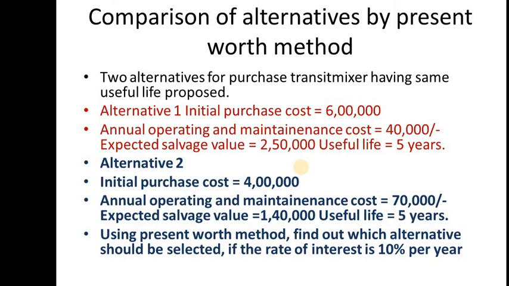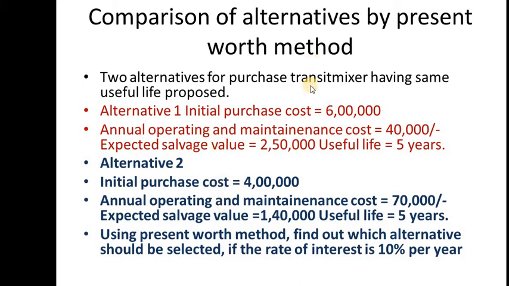Now we'll see that question. Two alternatives for purchasing a transit mixer have the same useful life. The details given are initial purchase cost, annual operating and maintenance cost, salvage value, and useful life in years. Using the present worth method, find out which alternative should be selected if the rate of interest is 10% per year. Fine. So what I should do is calculate alternative 1 and alternative 2.